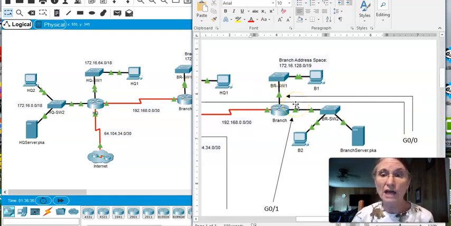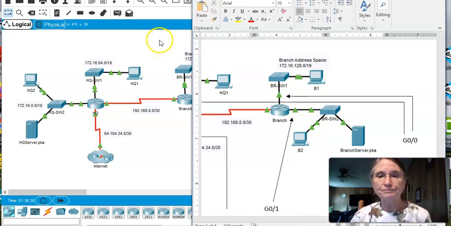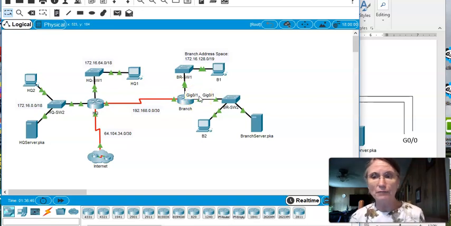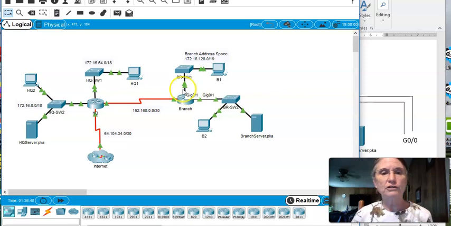How did I know that? Well, both of these show up as G01, so I knew that couldn't be true, right? They can't both be the same interface. So how do I determine which correctly is that interface?